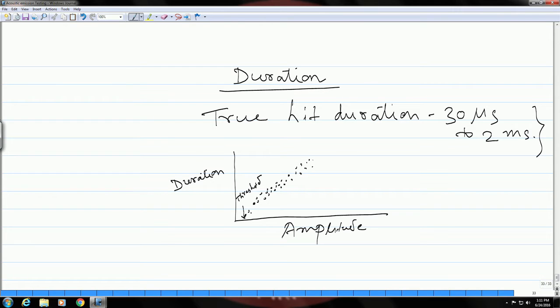If you keep plotting the duration as a function of the amplitude, you will see this will lie along a band like this. All the emission signals which are coming out from actual emission events will lie along this band.